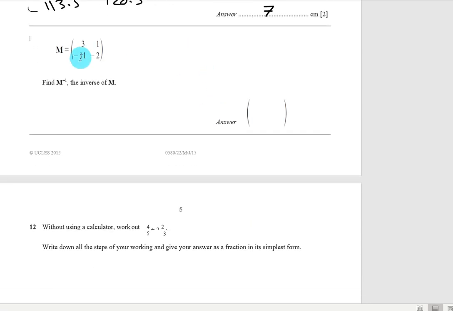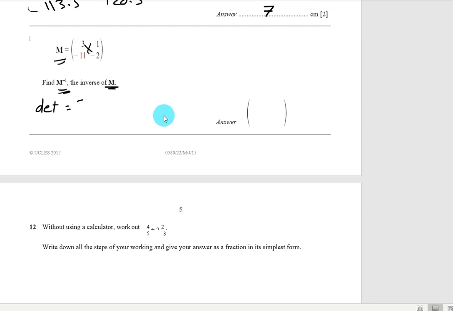Now a matrix question. This is the 2 by 2 matrix. Find the inverse matrix of m, m minus 1. The first step, we need to find the determinant. The determinant is equal to cross multiplication.